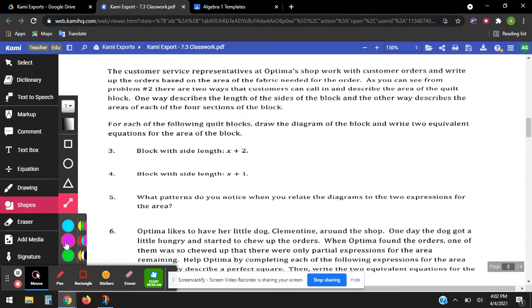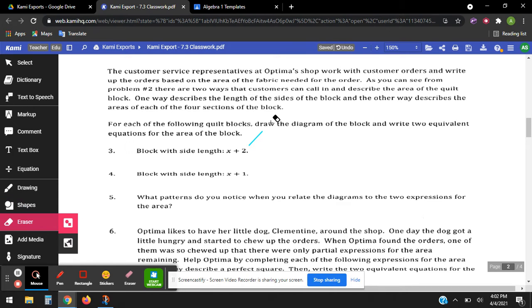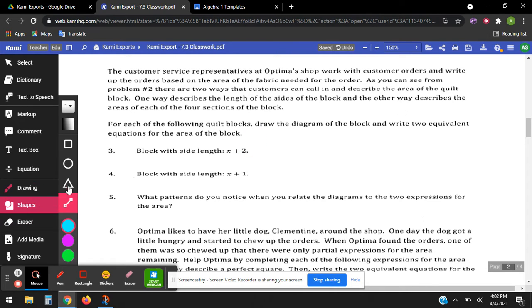So if we're going to do these shapes, do these in blue. The length of this would be an x plus 2. So, I don't want a line. Let's do a square on this one. I want a kind of a big one like this. And then I'm going to draw, here's my x this way.